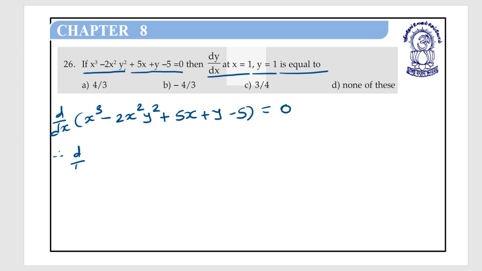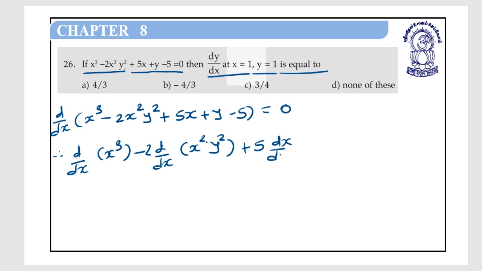So d by dx of x cube minus 2 common, d by dx of x square into y square plus 5 d by dx of x plus dy by dx minus d by dx of 5 is equal to 0.